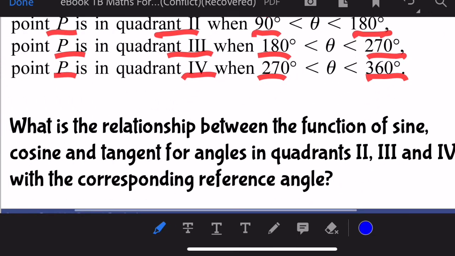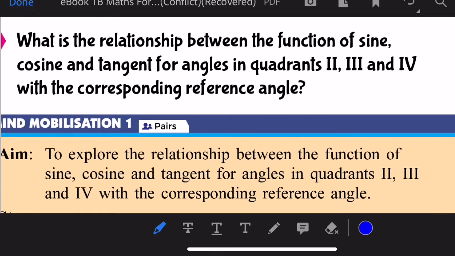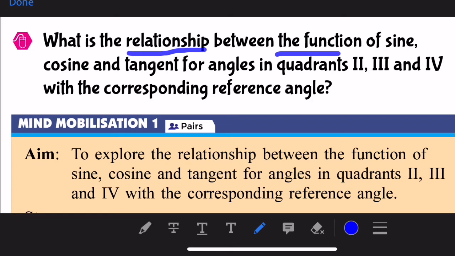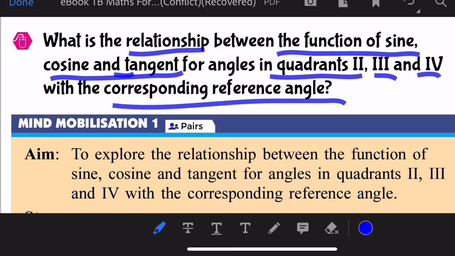Alright, so I have introduced to you what is meant by quadrant. So now what is the relationship between the function of sine, cosine and tangent for angles in quadrant 2, 3 and 4 with the corresponding reference angle? What is reference angle?